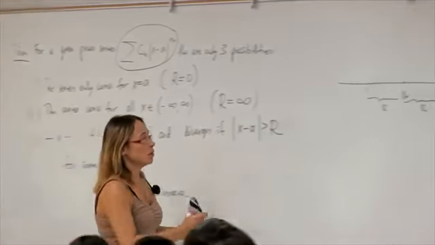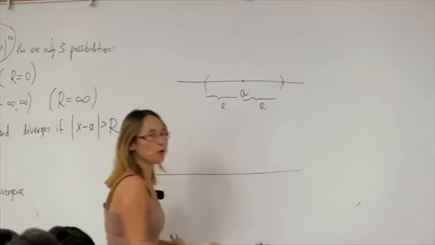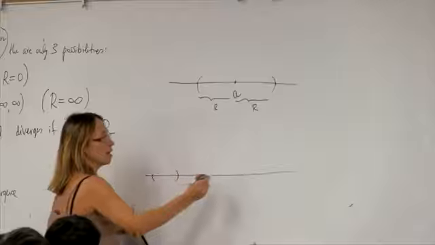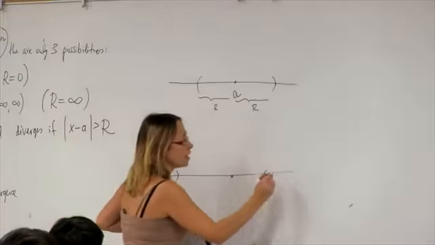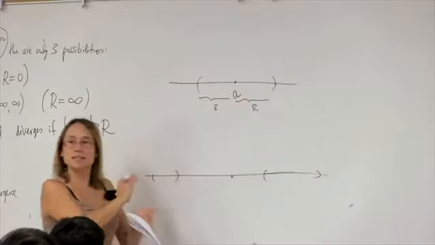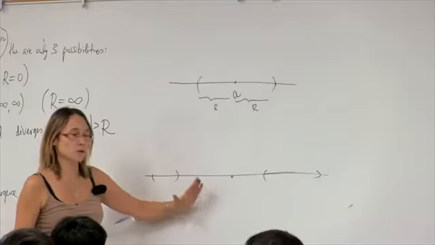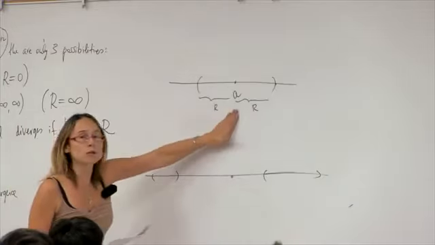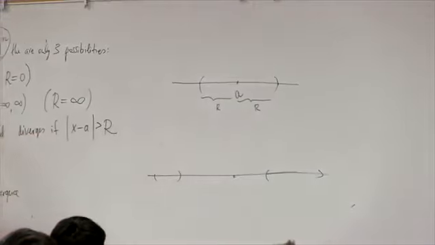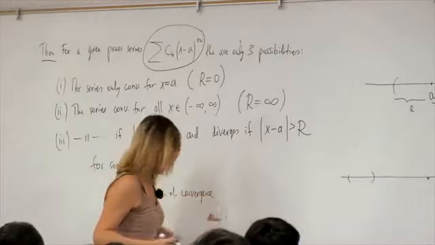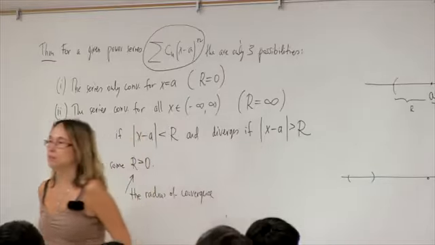For example, we could not have the following picture: the series converges here, and maybe at some point here, and maybe starting from here everywhere else. That's impossible. The set of x for which it converges can only look like this, or it's equal to a, or it's infinite. That's it. Nothing interesting like this can happen. And that's good, because it makes it easier to study.